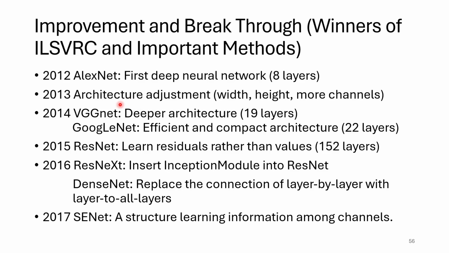And next year, 2014, GoogleNet and VGGNet were released. VGG is a huge network, but uses only 3x3 convolutions. And GoogleNet is a relatively compact and efficient network, and it has more layers. And then next year, ResNet was released. Next year, ResNeXt was released.